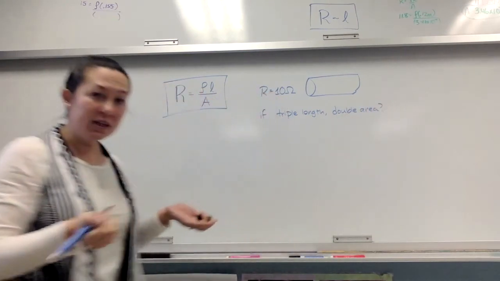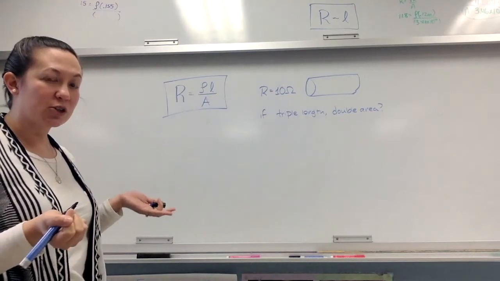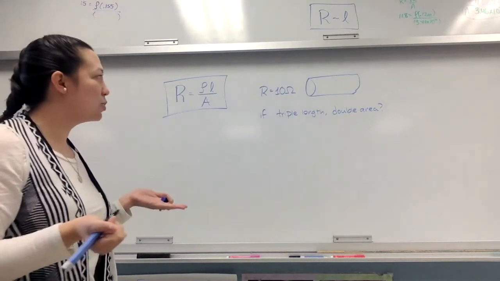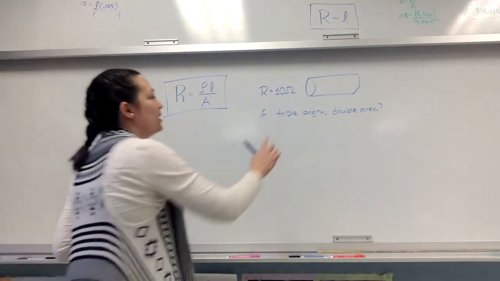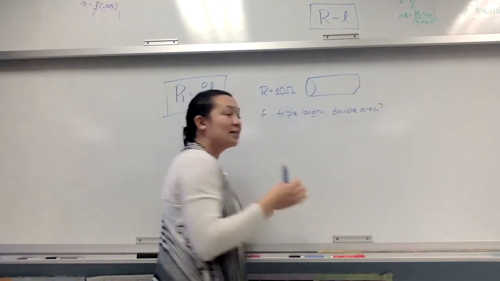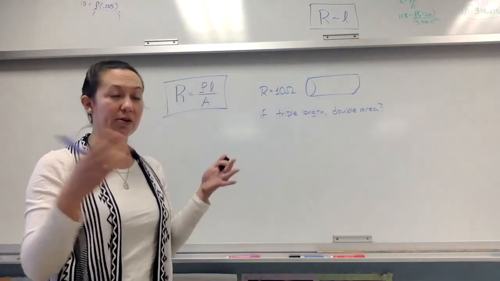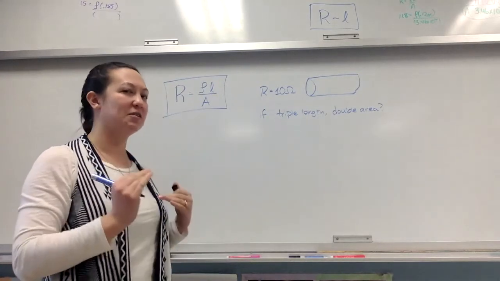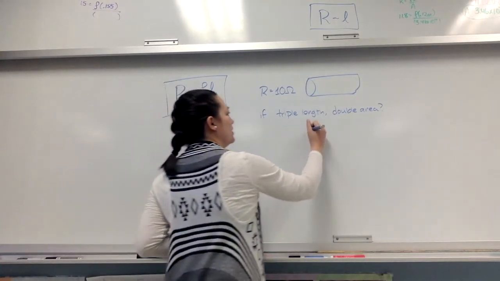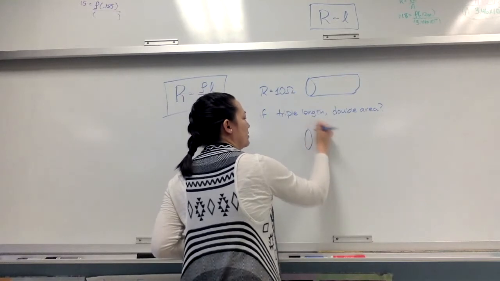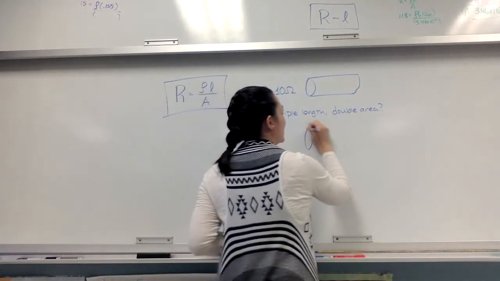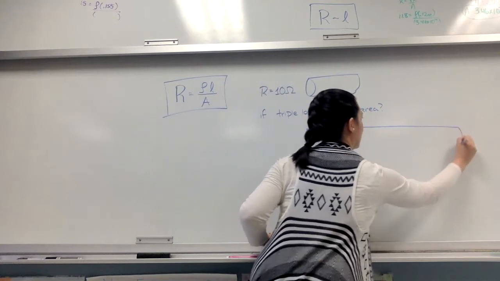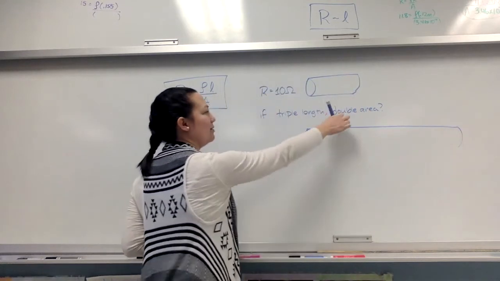Well, I know that tripling the length would make it harder for electrons to go through because they'd have to go through more distance. In traveling the farther distance, the electrons would encounter more other atoms, and each one of those collisions would slow it down a little bit. So in my new wire, it would have 3 times the length, but it would also have double the area.